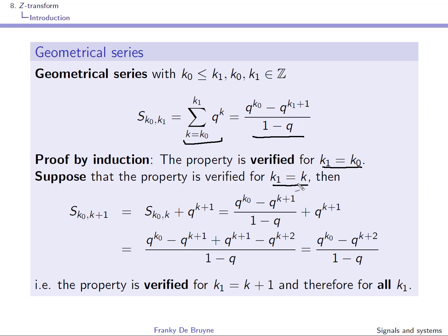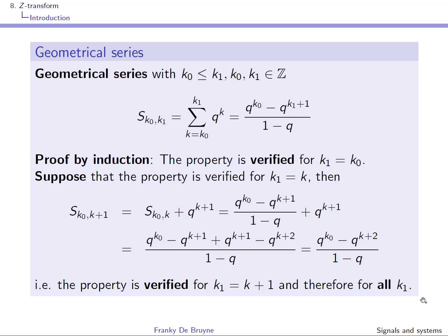And we'll show, if this is true, that it is also true for k1 is equal to k plus 1. Since the property holds for k1 is equal to k0, it will hold for any k from k0 to k1. This is a proof by induction.